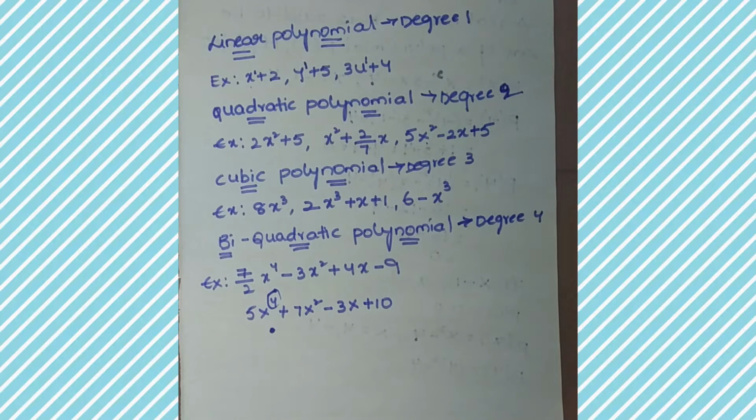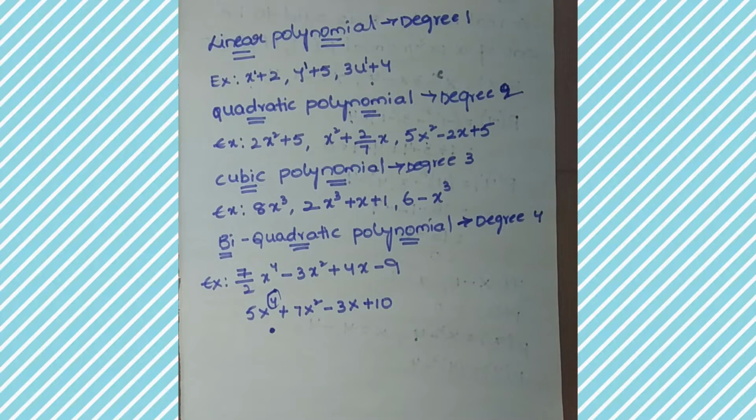So, it is nothing but a linear polynomial. y plus 5. y is having power 1 and degree is also equal to 1. So, y plus 5 is a linear polynomial. 3u plus 4. u is having power 1 and degree is also equal to 1. So, 3u plus 4 is nothing but a linear polynomial.